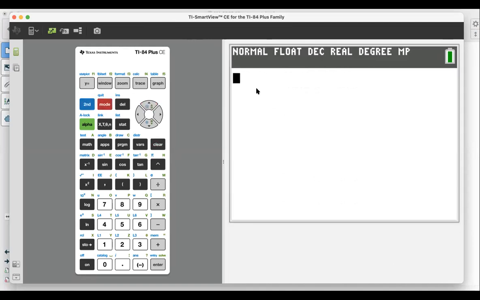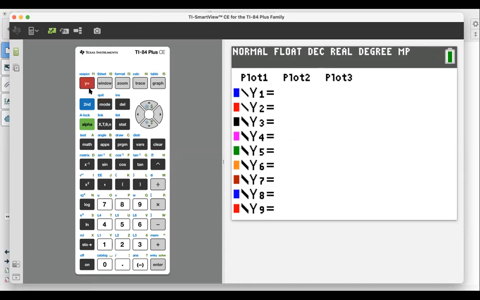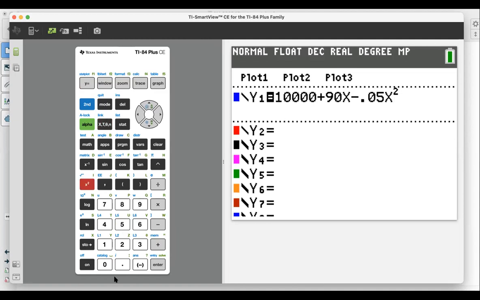This was my home screen, but if you click on y equals, then it gives me the place where I can type in the function. The function was 10,000 plus 90x minus 0.05x squared. Okay, that's what I have.